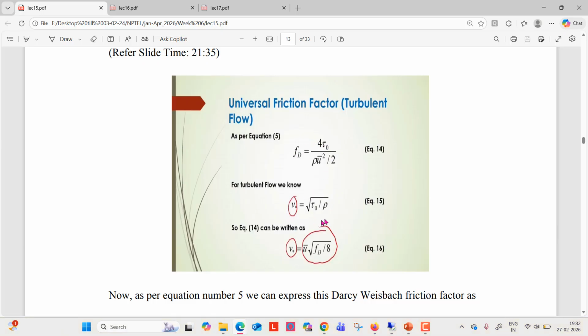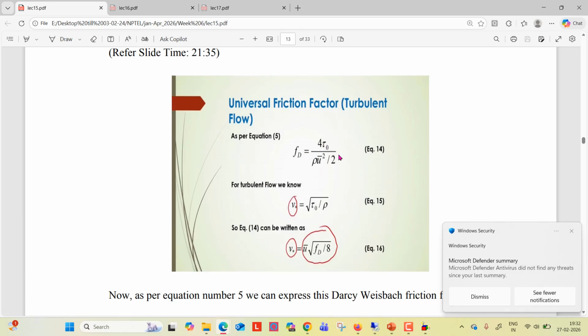This is your turbulent flow expression. For turbulent flow, we know V star, which we learned in the last class, is the root under tau 0 by rho, and this can be written like this from this expression, right?